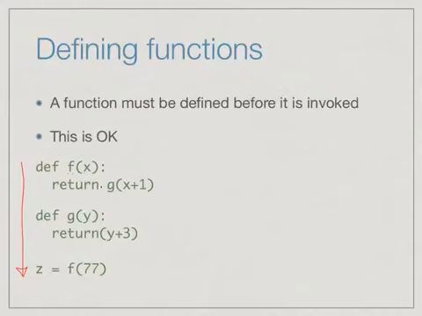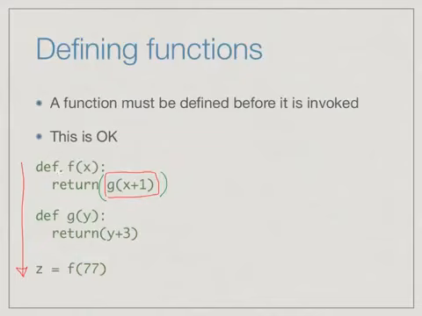And notice that this definition of f has an invocation of g, which is actually defined later. But the point is, when reading the definition of f, g is not used. It's only remembered that this statement, which should be in a bracket by the way, just to be consistent, should be computed if I call f. So it's not calling f, it's just defining f.